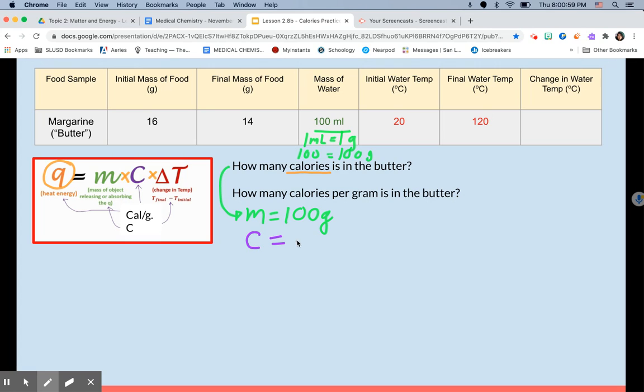And the specific heat of water is always 1 calorie per gram degree Celsius. Don't worry about the units too much if that's confusing you right now, but know that the specific heat of water is always 1. So every time we do a problem, know that your C, or specific heat, is always going to be 1.